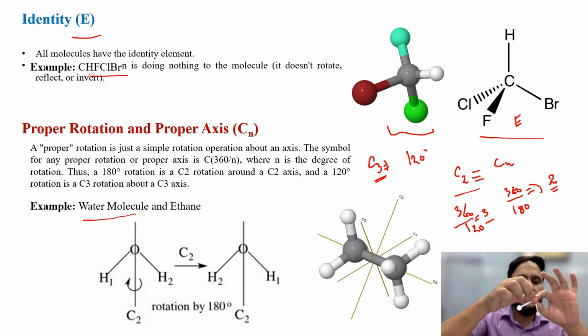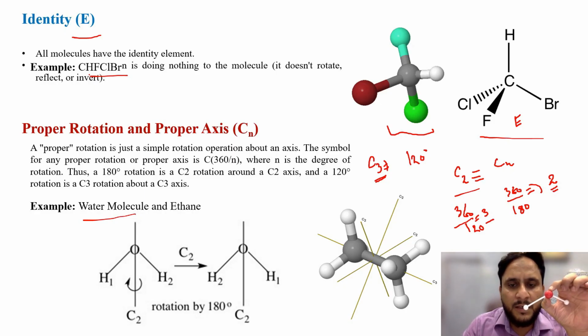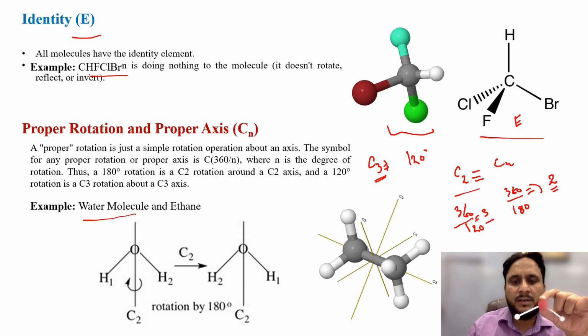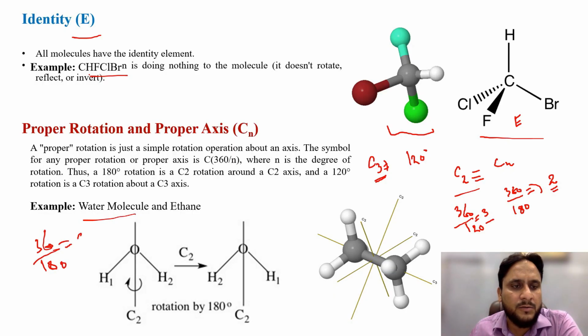Just by rotating the molecule by 180 degrees we get the same structure, so we can say that the water molecule possesses a C2 axis.